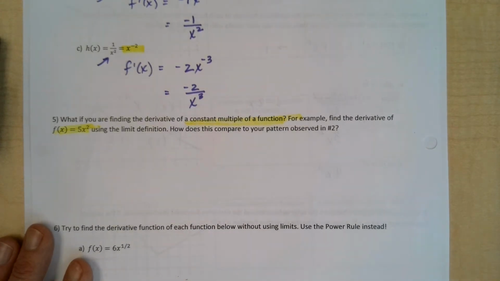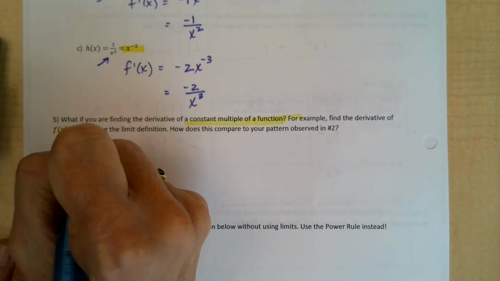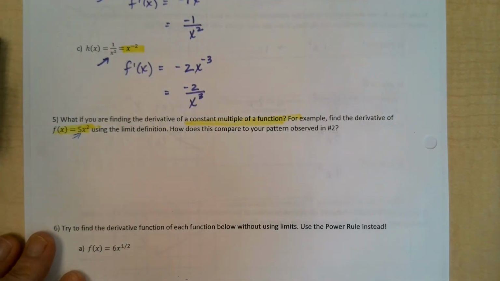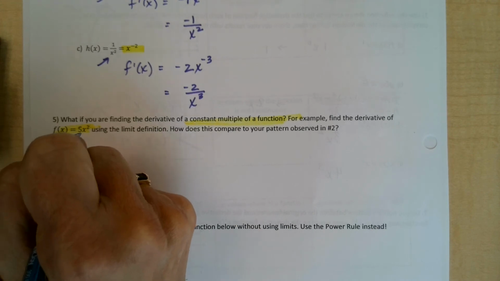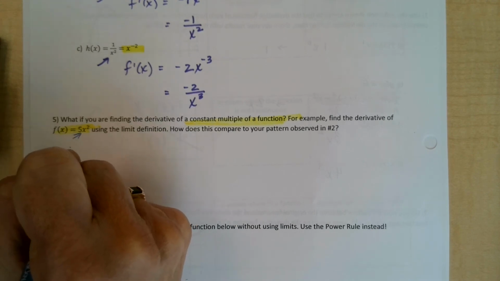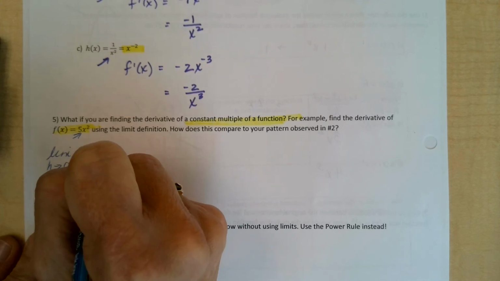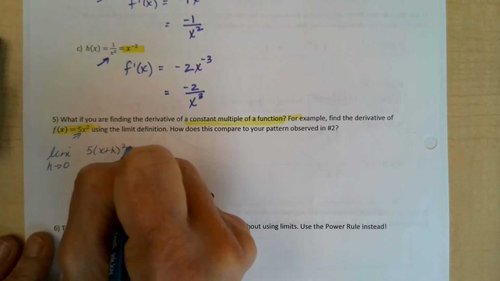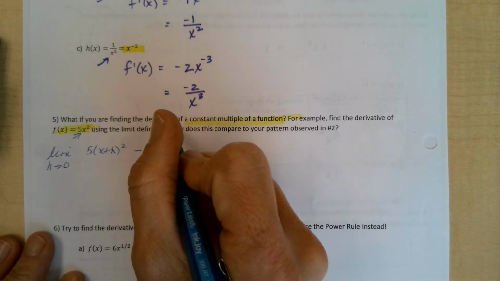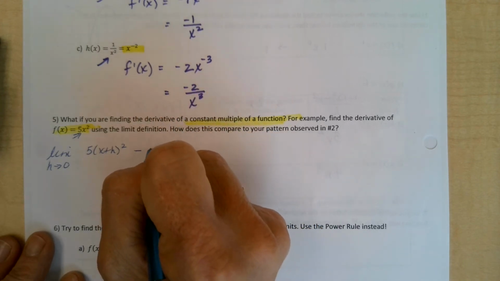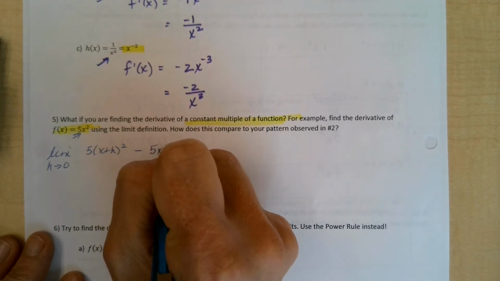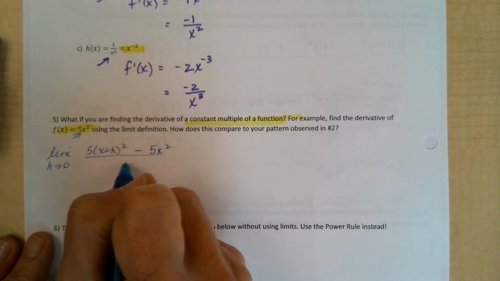What we want to do is use the limit definition of the derivative, and we can see what the heck we are supposed to do with this 5. So let's go ahead and say the limit as h approaches 0 of my new function, minus my original, all over that h.